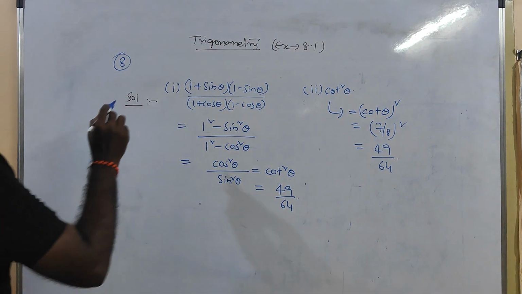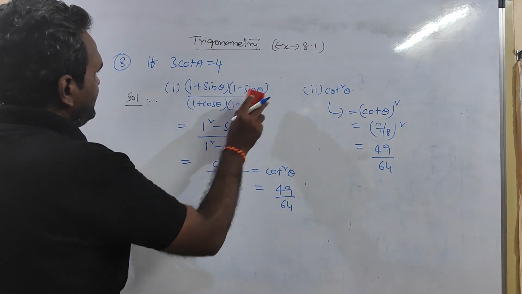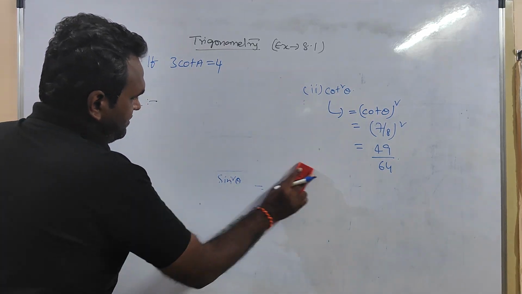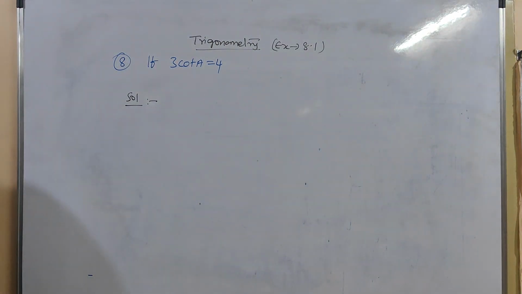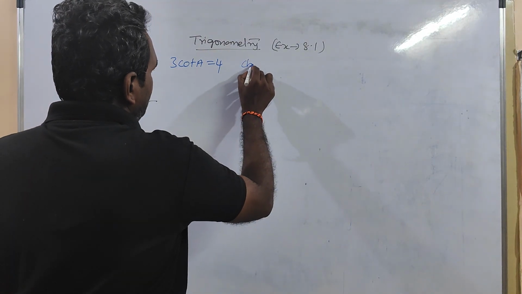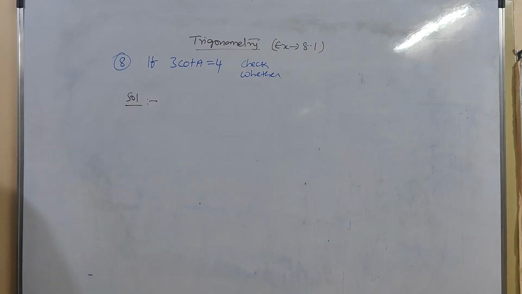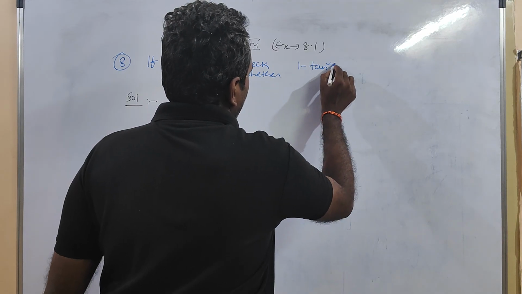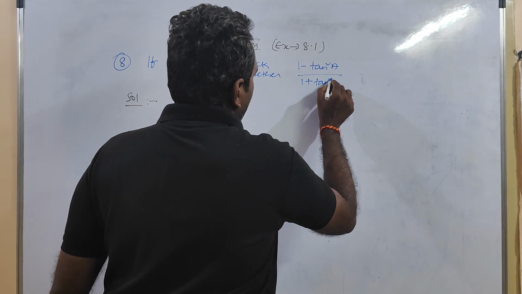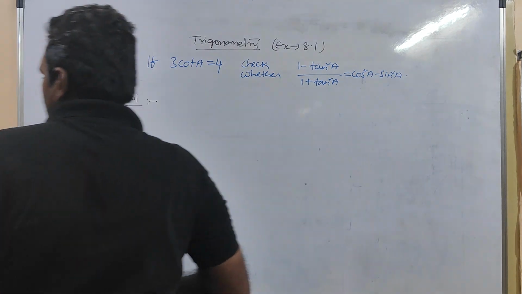If 3 cot A is equal to 4, and they are telling that we will see, check whether 1 minus tan square A by 1 plus tan square A is equal to cos square A minus sin square A. This they are asking to check.